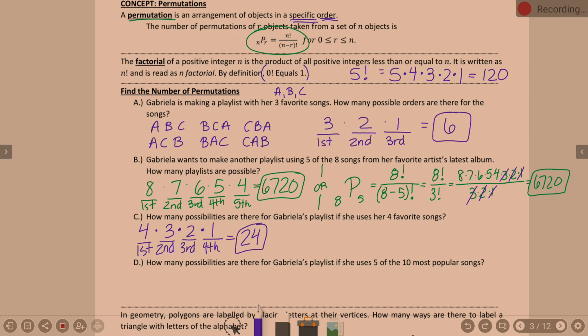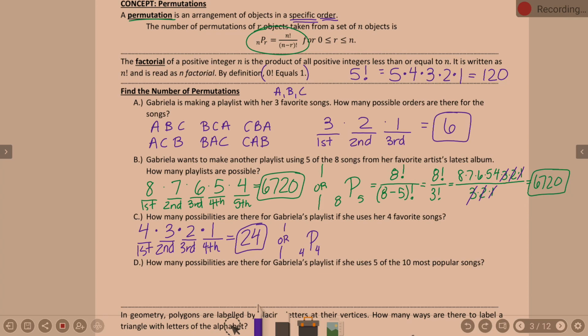Now, because I want to get us in the habit, if we set this up as a permutation, how many things are we picking from? 4 songs. How many spots are we trying to put them in? 4 spots. So if I write this, I would be writing 4P4, permutation of 4 things arranged 4 at a time.